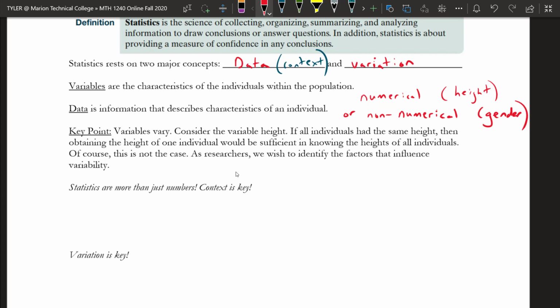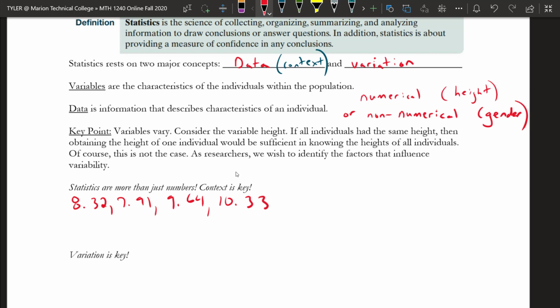Then you can see the next bullet point I have: statistics are more than just numbers. Context is key. For example, if I wrote down just this list of numbers like 8.32, 7.91, 9.64, 10.33, some questions that might come to mind are, what are these numbers?